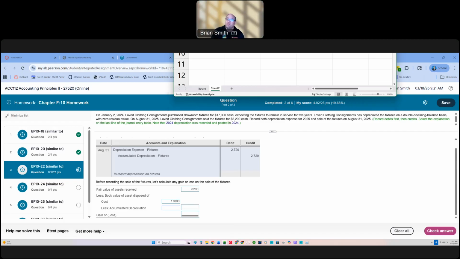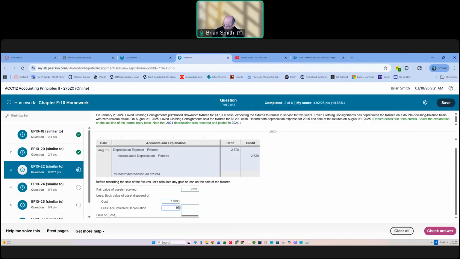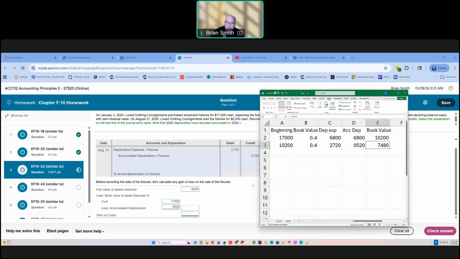Okay, so I just finished the chart here. We need this information. Our accumulated depreciation is 9,520. Cost or beginning book value. So our accumulated depreciation is 9,520, so our book value is 7,480.